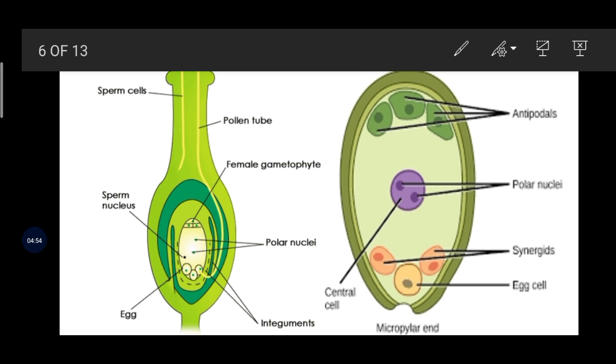So this comes under first fertilization. The second male gamete fuses with the polar nucleus. The polar nucleus already has two sets of chromosomes, and the male nucleus has one set of chromosomes. Haploid plus diploid comes under triploid. So the endosperm nucleus is triploid in nature.